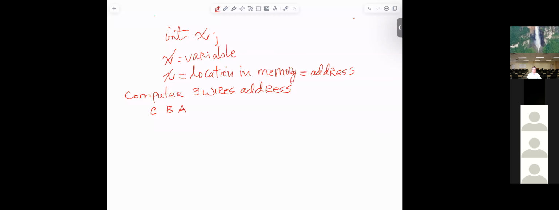Okay, I'm using the small one in order to help you to understand. If I have only 3 wires, 3 variables, CBA, how many combinations? 8. First thing you can say, 0, 0, 0, 0, 0, 1. The next one, choose 0.